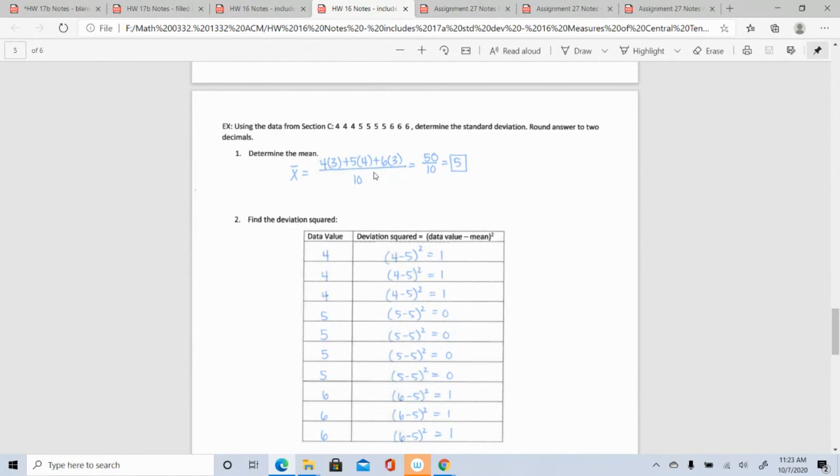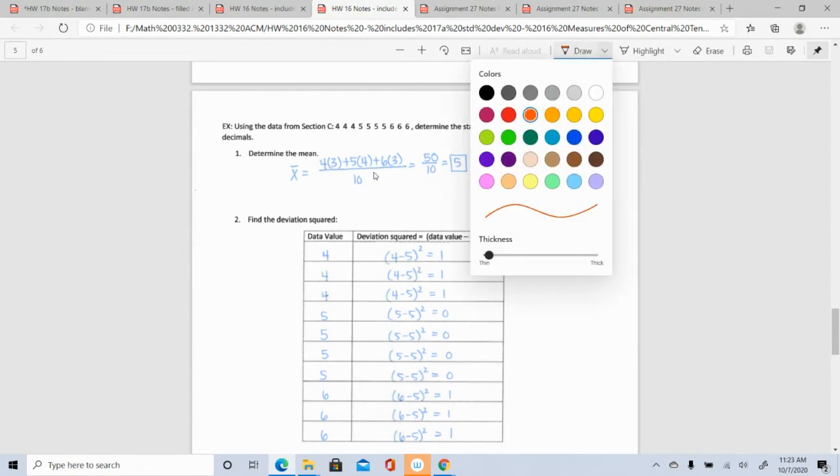Okay, so anytime you're wanting to find the standard deviation, you're always going to find the mean first. You're going to have to know the mean. Okay, so you find the mean.